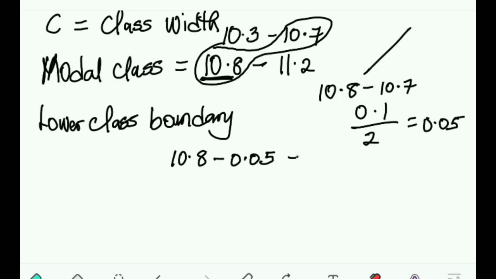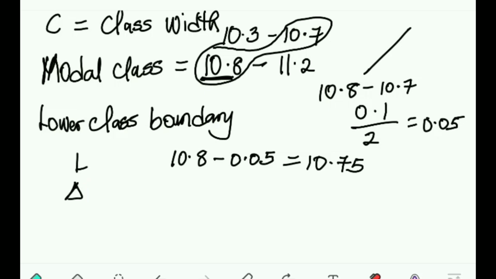And so this gives you what? 10.75. So we are going to use 10.75 as the lower class boundary. So we have our L.